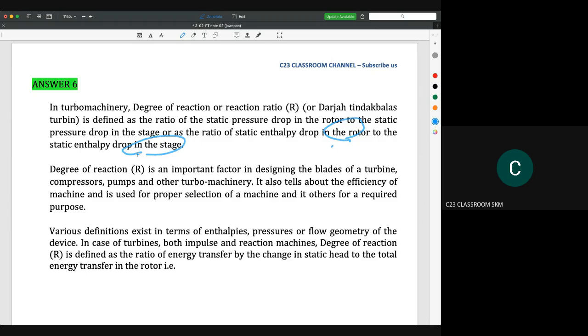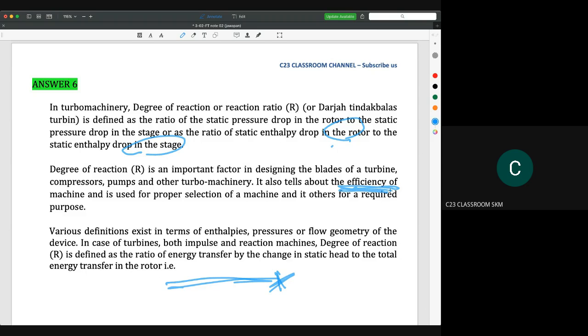In the case of a turbine, both impulse and reaction machines, degree of reaction is defined as the ratio of energy transferred by the change in static head to the total energy transferred in the rotor. I think the last sentence makes the idea of degree of reaction clear. It shows the efficiency.